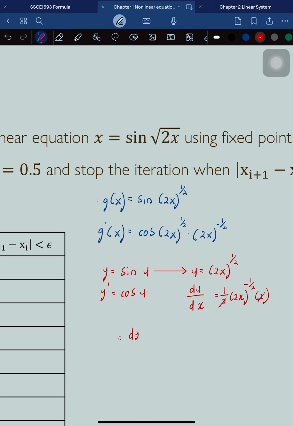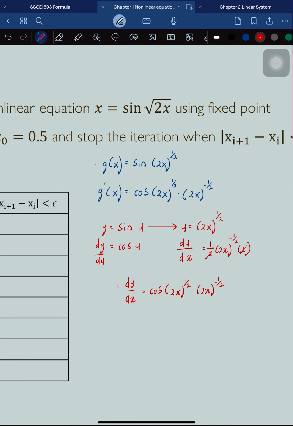Therefore dy dx is dy du times du dx, apply the chain rule. So cos u is cos of 2x to the half, du dx is equal to half times 2x to the negative half. Still you can get the same answer. Okay, so either you can differentiate directly or you can apply the step-by-step method.